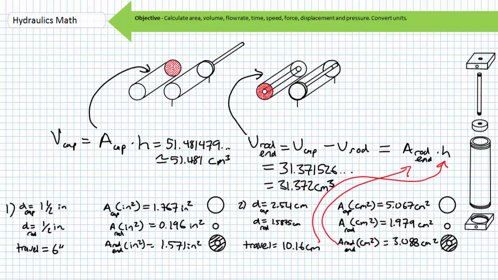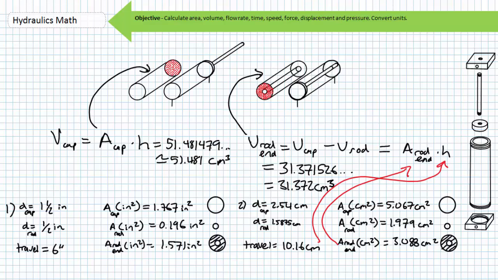Whether you recalculated these values or re-entered the unrounded previously obtained results, this yields a volume we could round to 31.372 cubic centimeters. Again, notice how I use the same formulas in the same sequence and repeatedly use the most accurate version of previously obtained results, thereby saving me time and freeing me from transcription errors and accumulating inaccuracies.